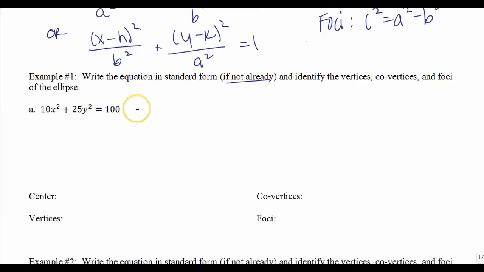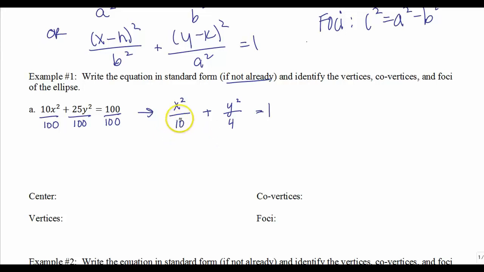So to get 100 equal to 1, I need to divide by 100, and we know that what we do on one side of the equation, we have to do on the other. You could always do this in your calculator, but I think you could handle it. We've got x^2 divided by 10 plus y^2 divided by 4 equals 1. We just reduce our fractions.